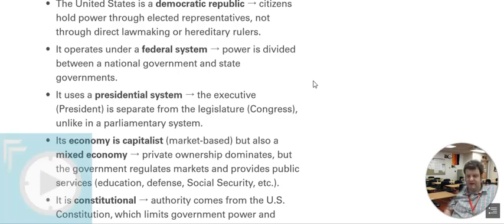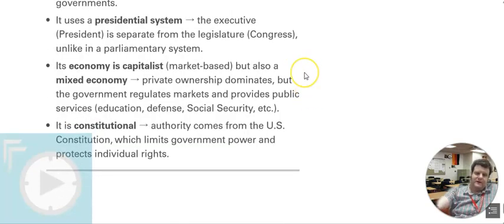Those are managed by the United States government. Additionally, there's things like Social Security. There's government regulation on how things like the stock market run. And as a result, it's a mixed economy. Mostly capitalist. It leans more that direction, but it's more mixed than a lot of people want to simplify.